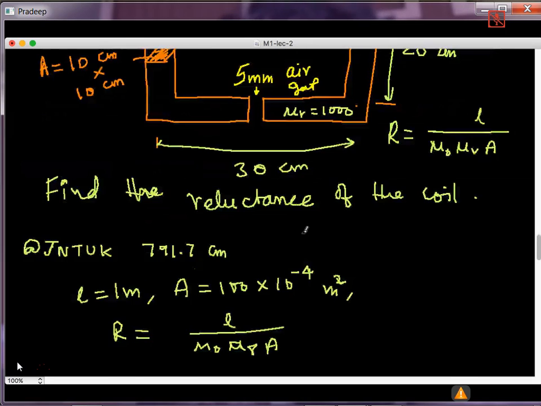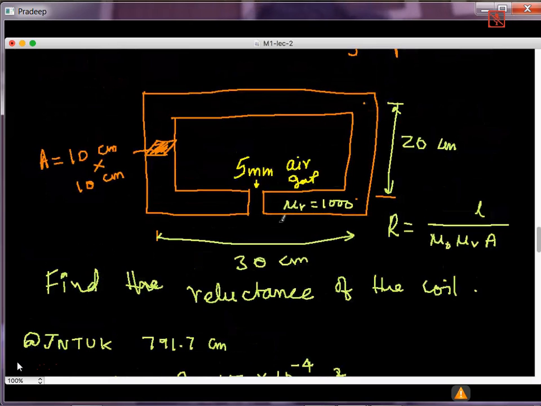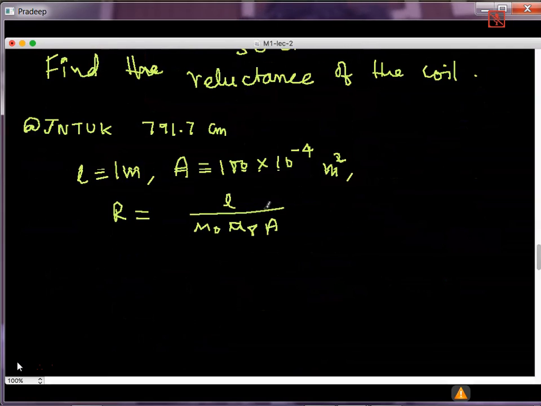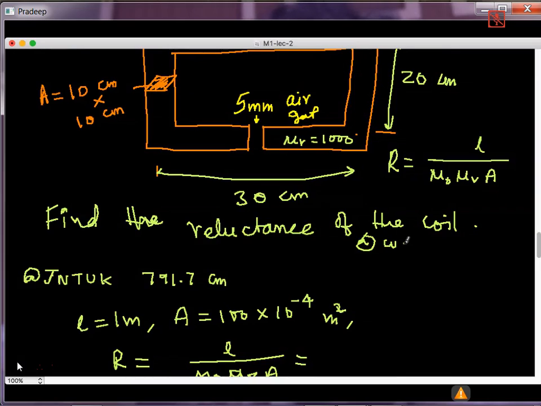There is a small air gap also. The calculation I did is without the air gap. So let me add that here. Find the reluctance of the coil A with air gap and B without air gap.